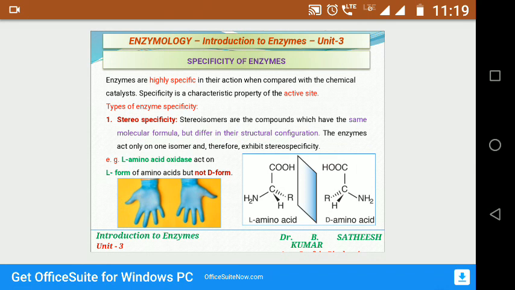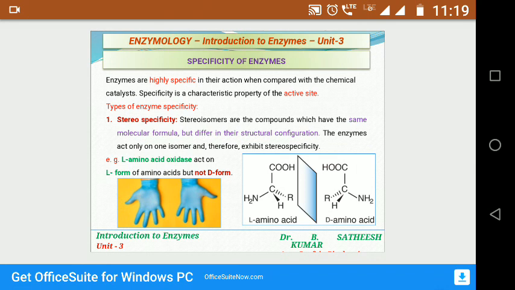Suppose L amino acid oxidase recognizes only L amino acid but not the D amino acid. So the substrate binding site, which is known as the active site, will be formed in such a way that only the L amino acid fits in that active site, not the D amino acid.